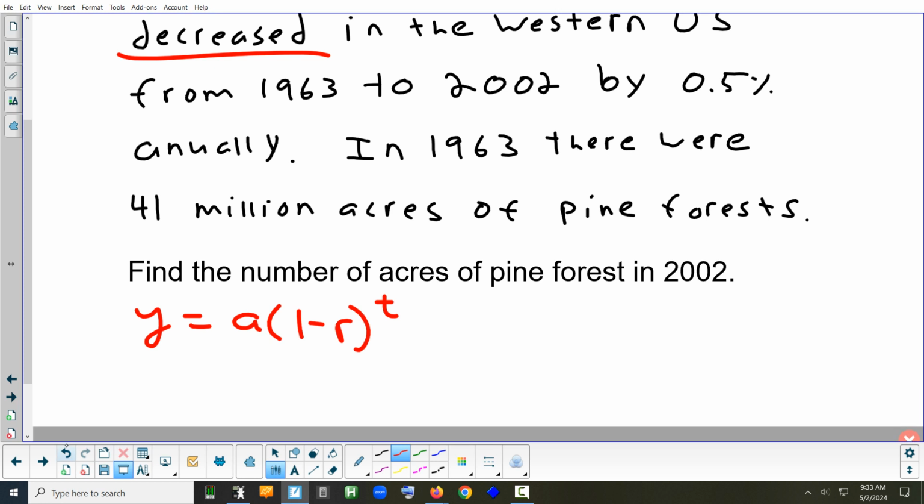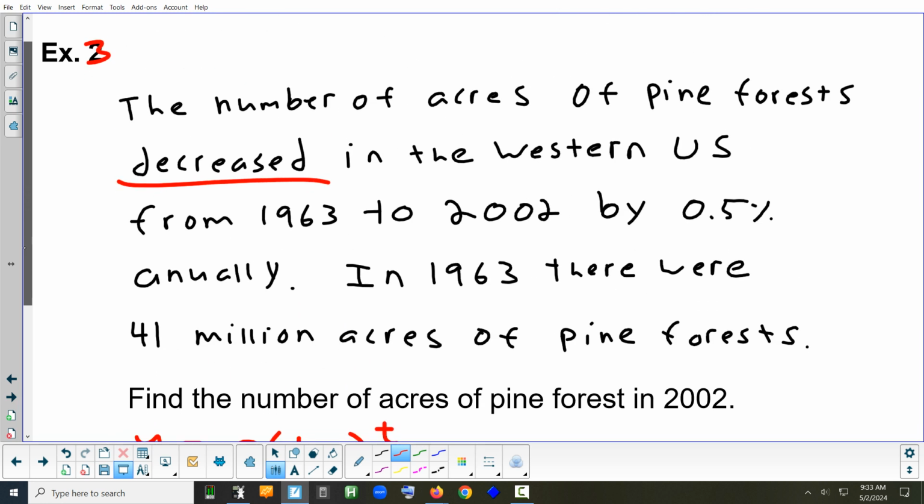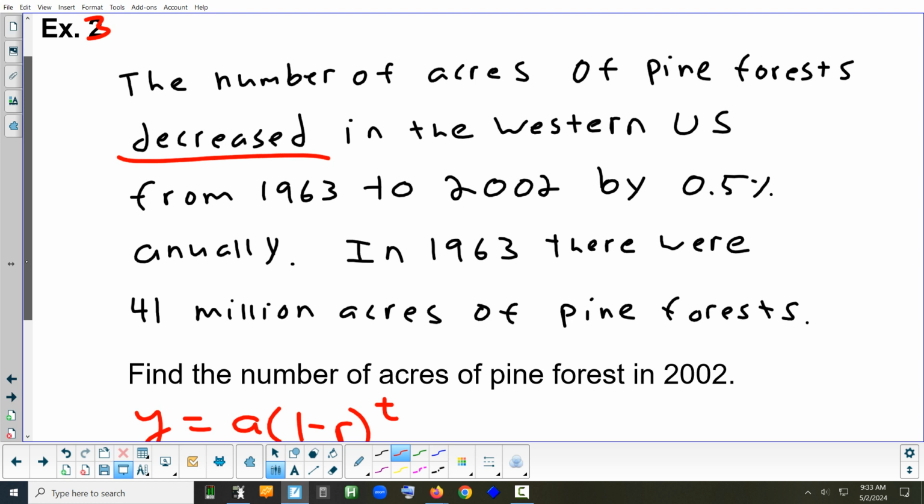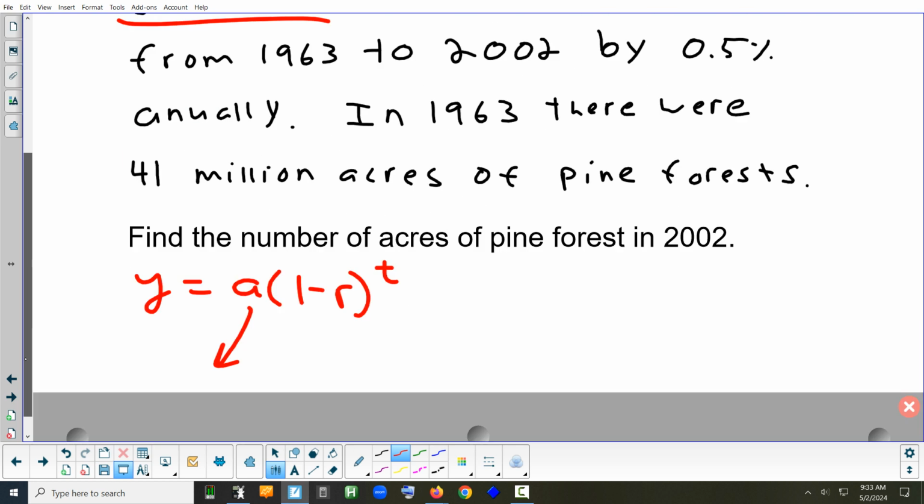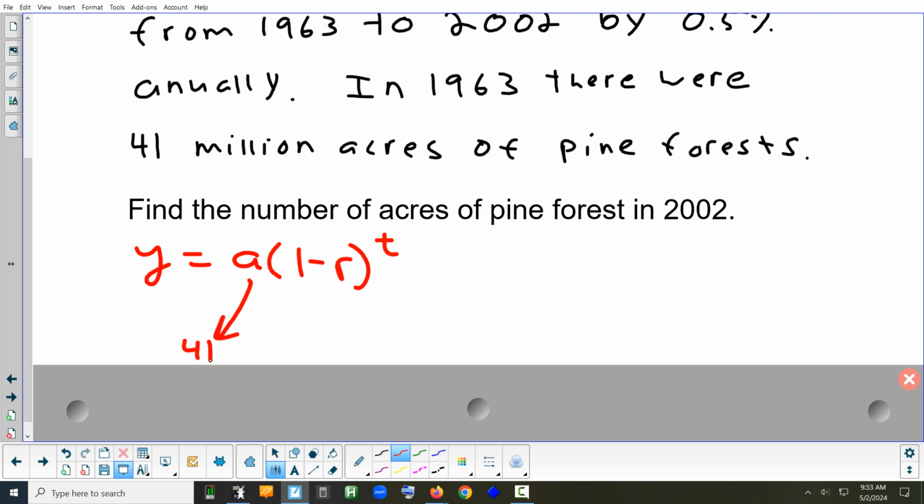Okay. So let's write down our formula, and then let's figure out everything we have to plug in. Let's start with A. A is the initial amount. 41 million. Yeah, the initial amount of acres we started with, measuring from 1963. We're just going to use the number 41.